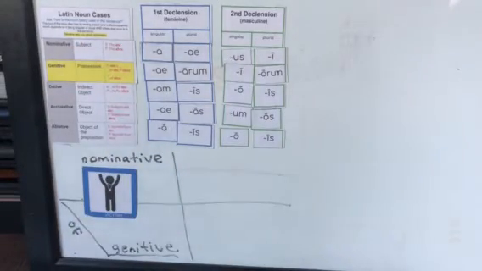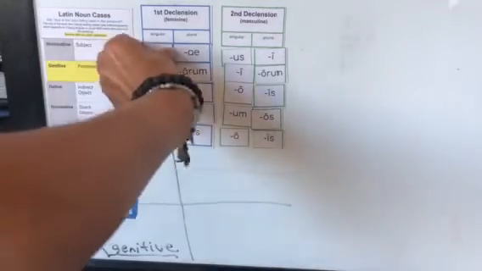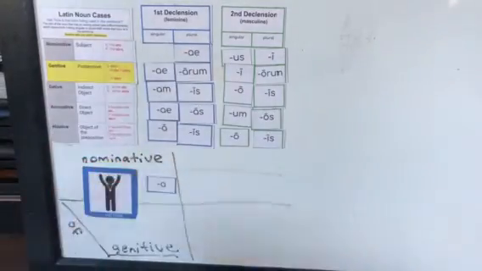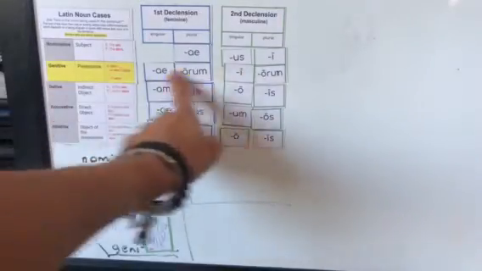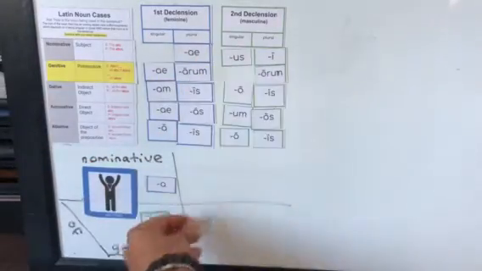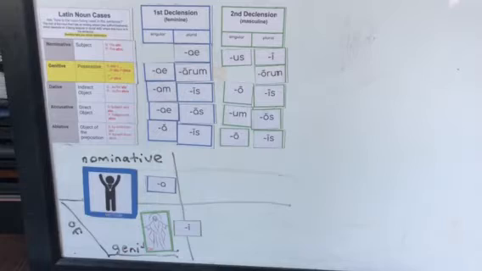So, Victoria, that's your singular nominative. And Dei, that's going to be your singular genitive. That translates into victory of God or God's victory.